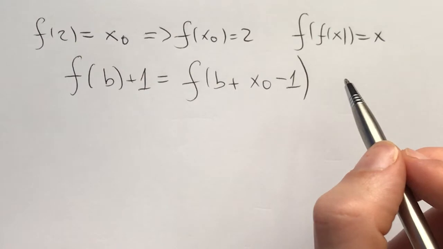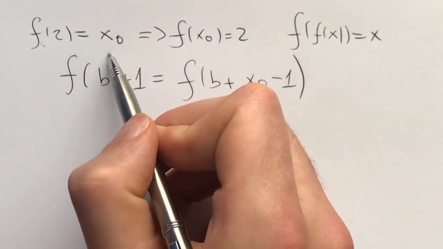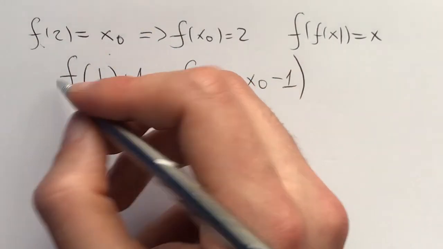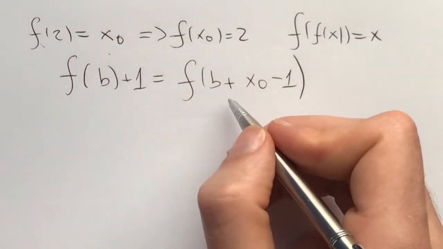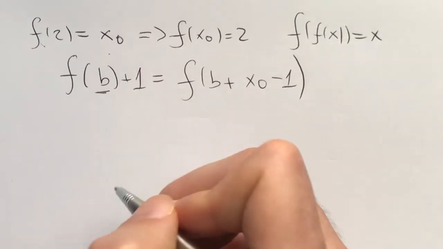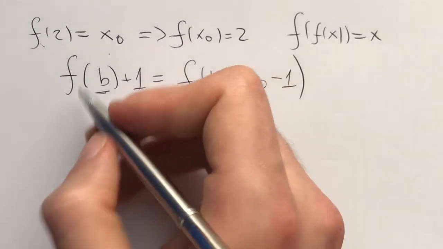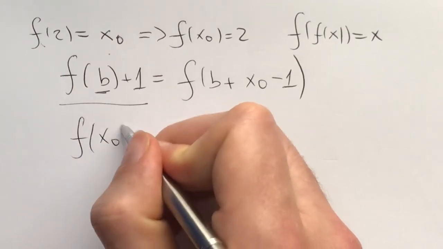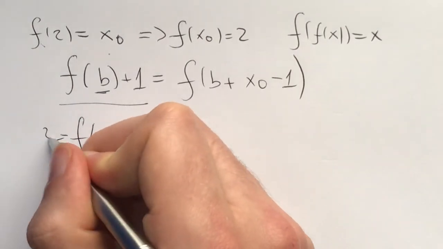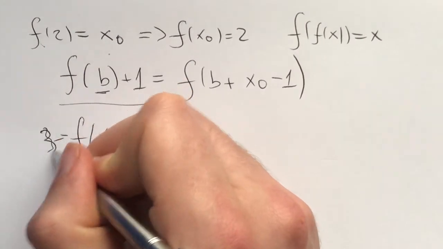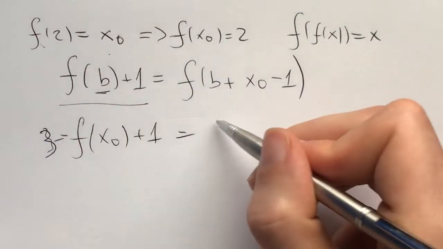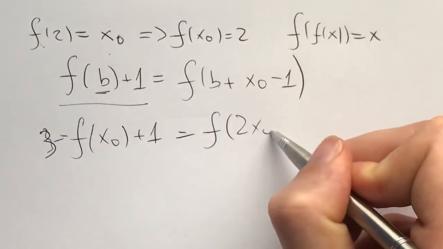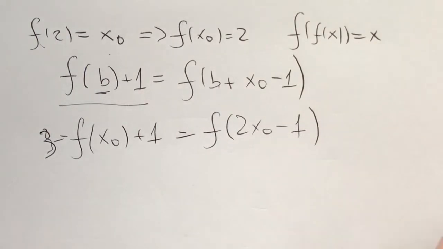So we have this. f of 2 is x0, and that means f of x0 is 2. Now what does this mean? Well, let's plug in x0, and what will we get? We will get that f of x0 plus 1, which is 3, is going to be equal to f of 2x0 minus 1. Great.